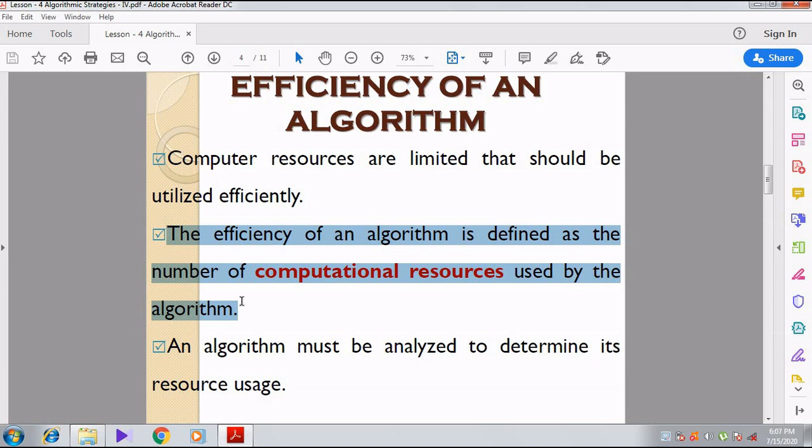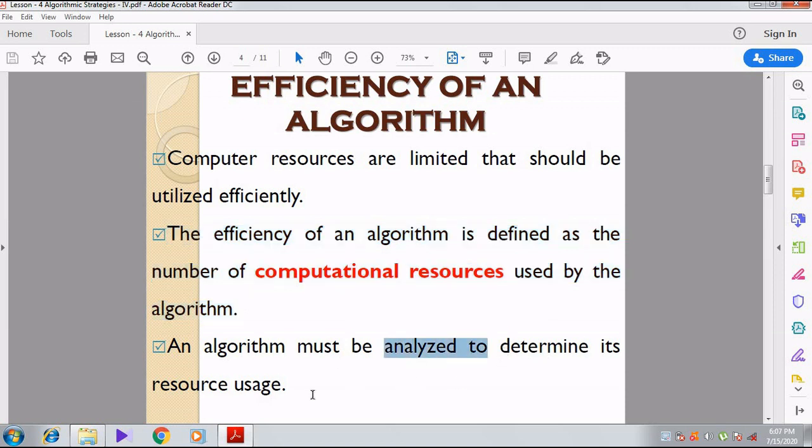Based on the resources used for executing the algorithm, we determine its resource usage. An algorithm must be analyzed only through its resource usage, that is, how much of the resources we are using.